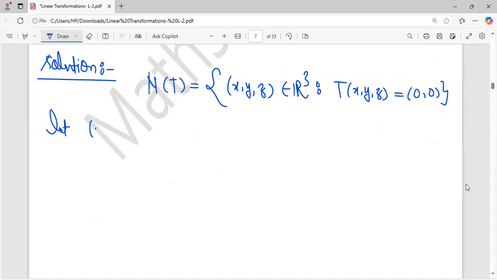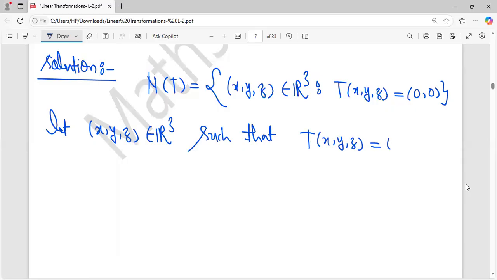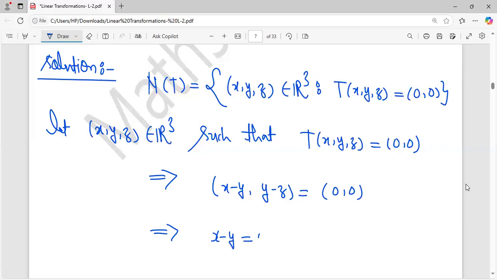So let (x, y, z) belong to R3 such that T(x, y, z) is equal to (0, 0). So x minus y equal to 0, y minus z equal to 0.